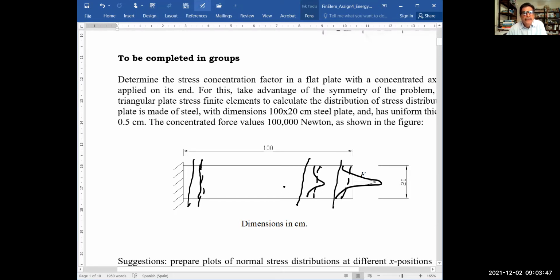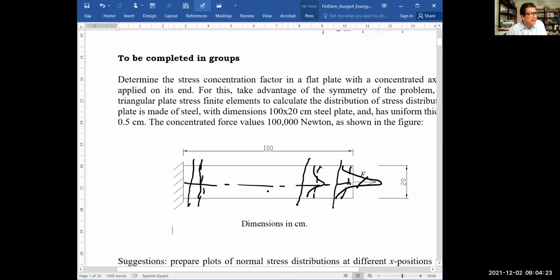And what I want you to do is calculate this stress concentration factor. That depends on the position along the x-axis when you make the cut. So I want you to analyze half of this, because it is symmetrical, and discretize this part using an adequate number of triangular elements, and then analyze the stress distribution in different cuts.